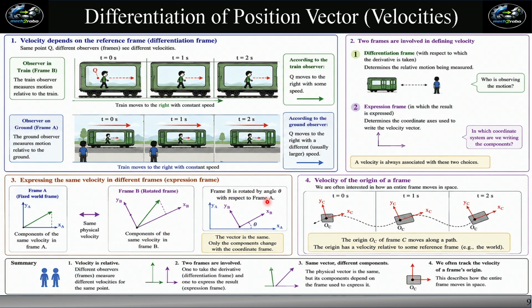Frame B is rotated by an angle theta with respect to frame A. The vector is the same, but the components change with the change in the coordinate frame. Means the physical quantity remains the same, but its components change as the coordinate frame changes.